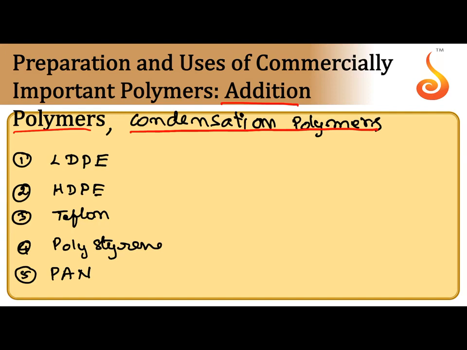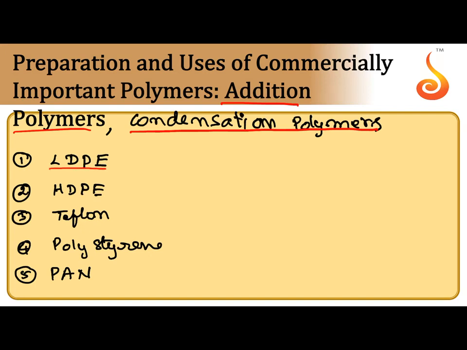If you take nylon 6,6, what are the monomers? Then what is the repeating unit present in nylon 6,6? If you know these two, monomers as well as repeating unit of the polymer, you can get one question in any entrance examination. So my sincere suggestion, collect all these important polymers given in the NCERT textbook.